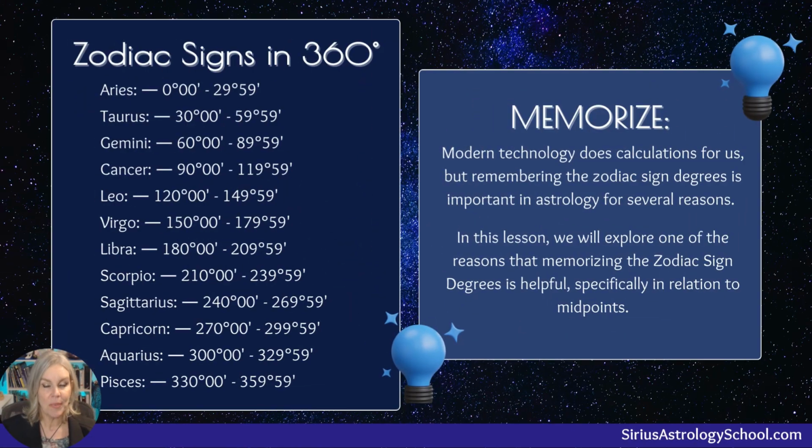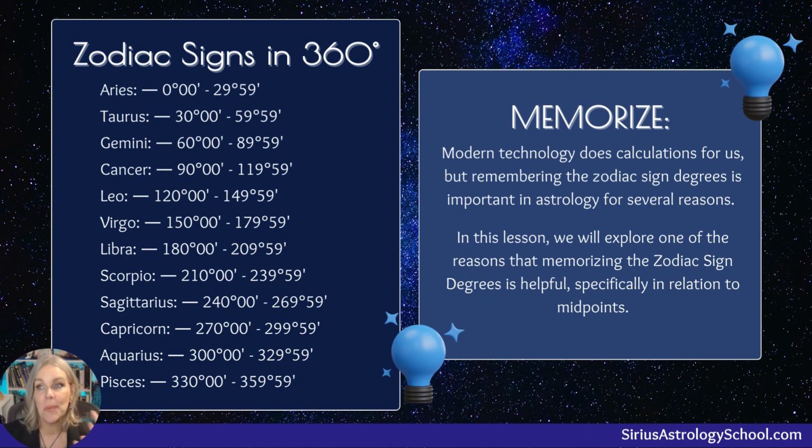So a little deeper. I've made the list on the left here. This is something for you to memorize if you don't know it already. If we're going to look at a planet at 15 degrees of Libra, we see on this list that Libra is 180 degrees on the 360 degrees, all the way to 209 degrees and 59 minutes. So that would be the 30-degree segment that is Libra.